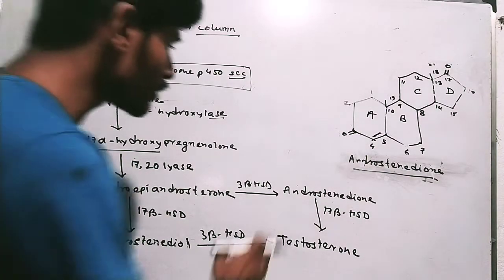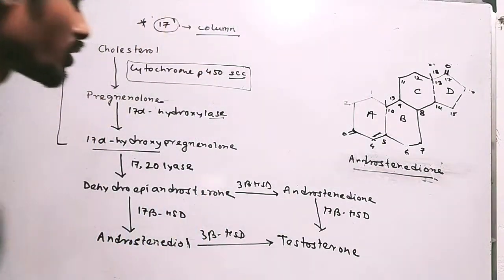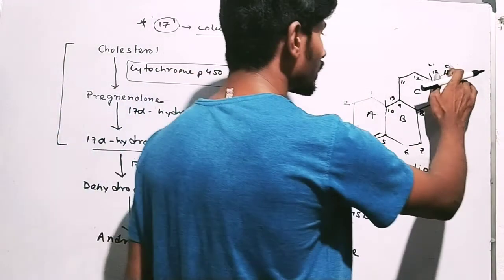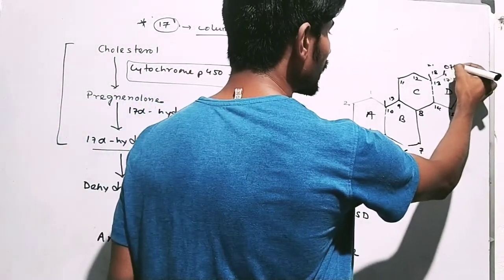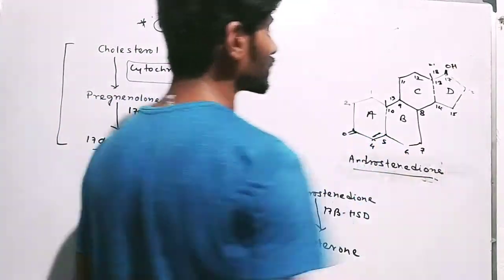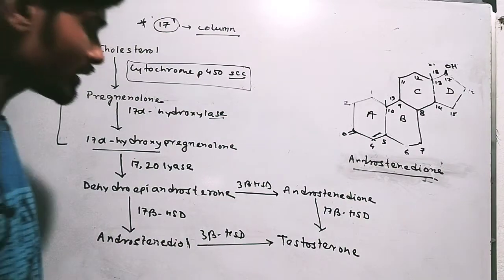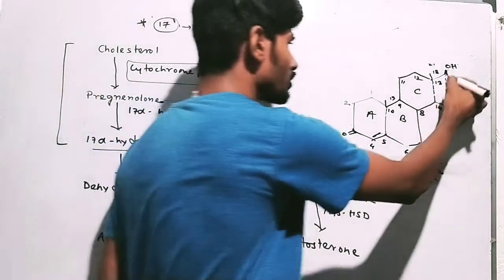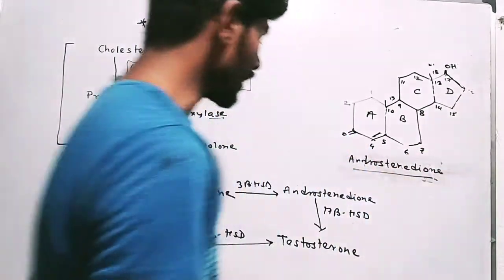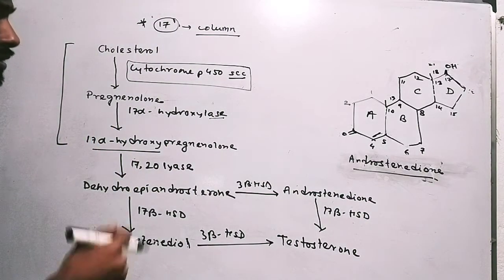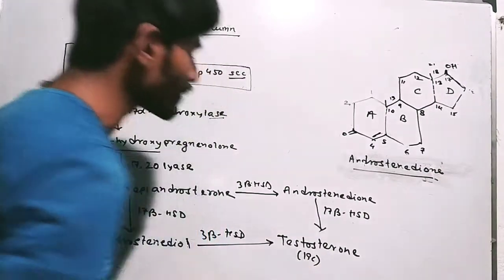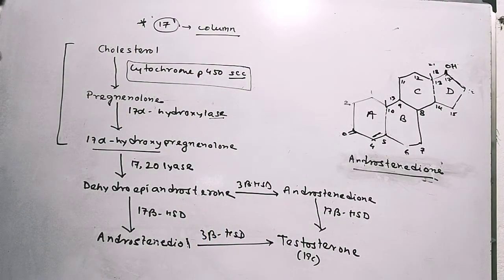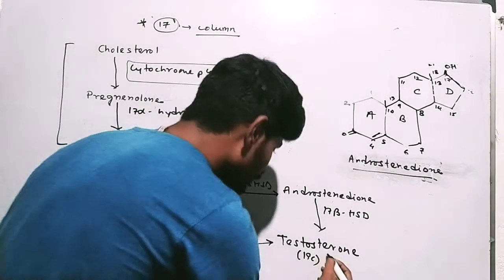Okay, so androstenedione is converted to the testosterone just by introducing 17 beta HSD. The hydroxyl group is introduced in the 17th position. Now you can see that this testosterone is the male sex steroid hormone. Okay, so this is a 19 carbon compound.